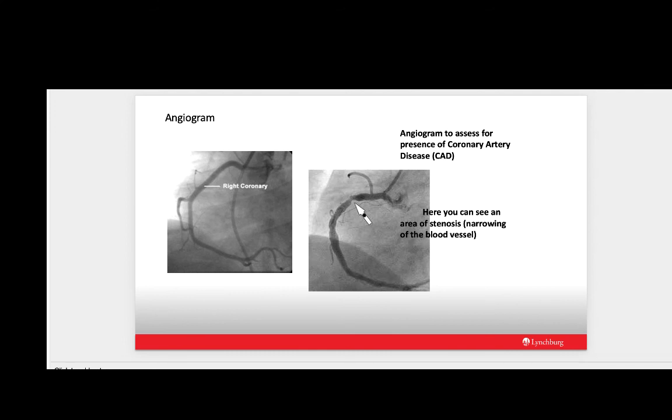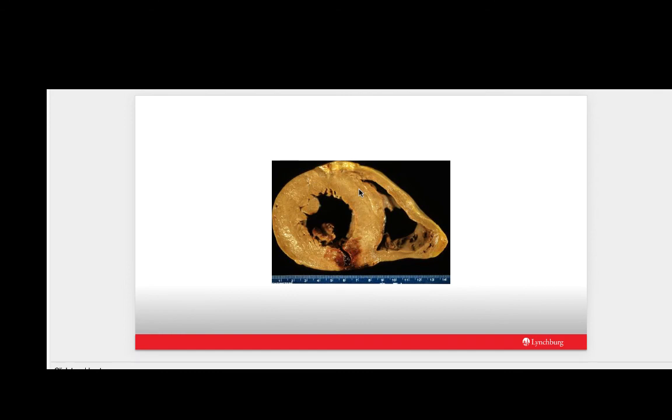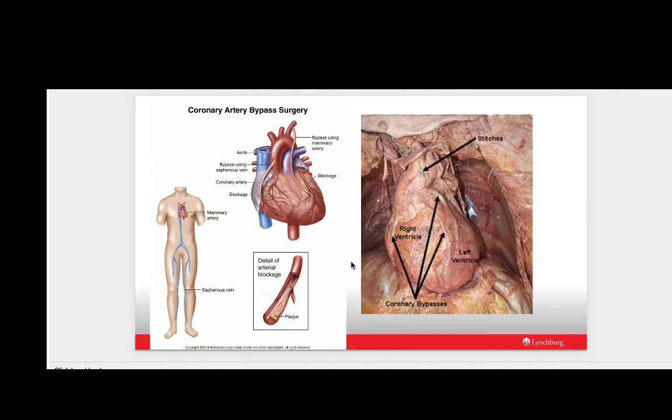They would inject dye into the blood vessels and look at the blood flow. This looks nice and open. This certainly looks like an area of stenosis, which is narrowing of the blood vessel. This is an area of myocardial infarction, so you can see that area right there where it's basically scarred down.